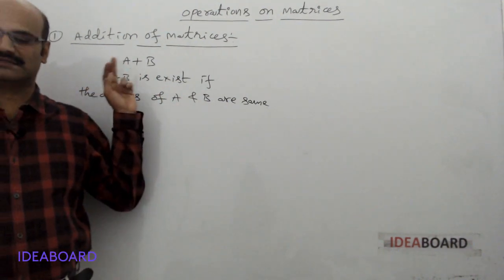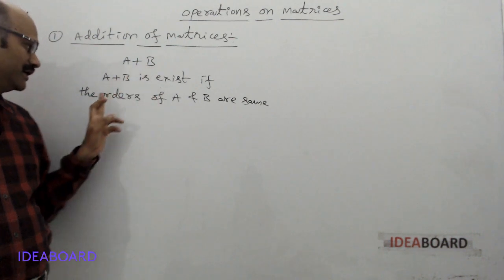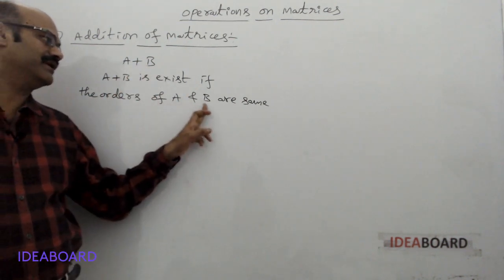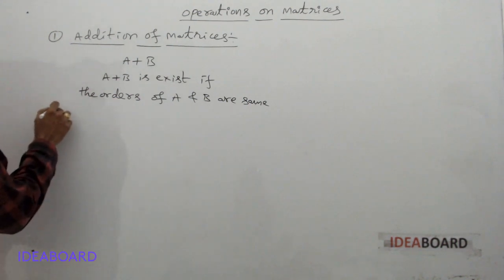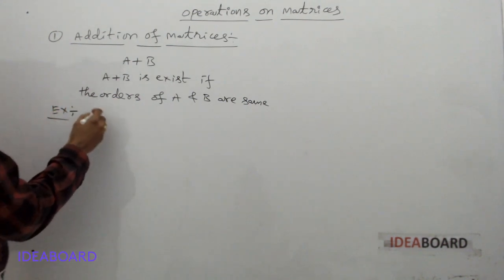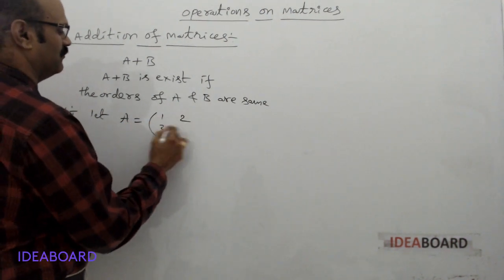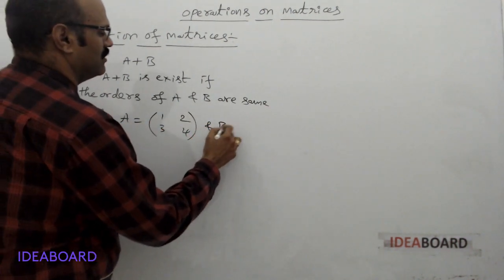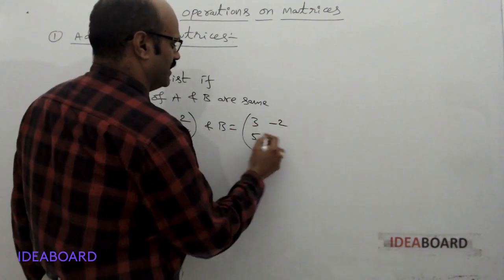Whenever you have two matrices A and B, A plus B exists only if the orders of A and B are same. Suppose let A equal to [1, 2; 3, 4] and B equal to [3, -2; 5, 7].